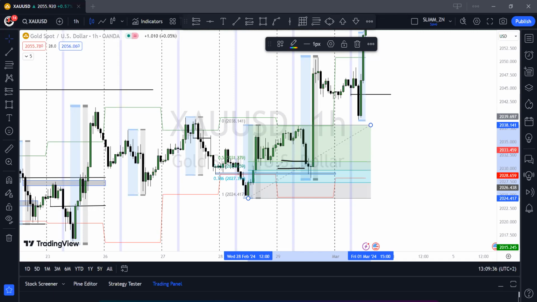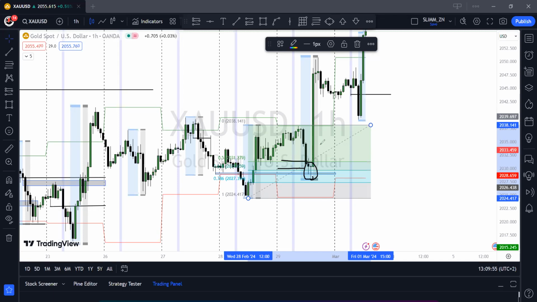The only thing we're waiting for now is a nice pin bar or a rejection with session timing, depending on whether you trade in London session or you trade in New York session. So this particular move, I think it happened right at the session crossover when New York session was about to start.